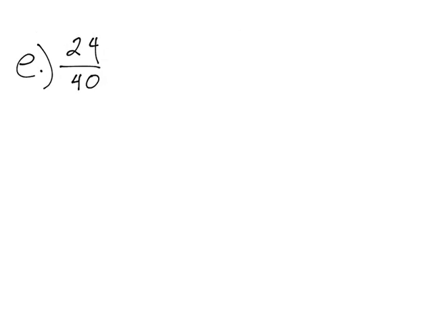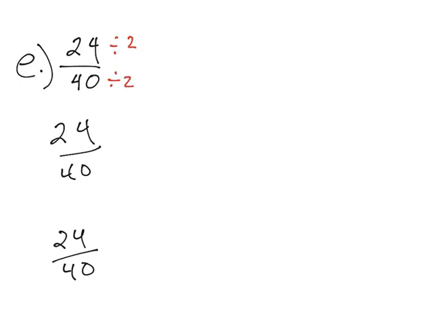Let's do one more. 24 over 40. Now, I actually want to do this 3 ways. So bear with me because I want to show you how easy this is. Depending on your divisibility skills, some people will look at this and say, hey, it's even. I'm a big fan of if they're both even, divide by 2, because you get smaller numbers, which makes everything easier.